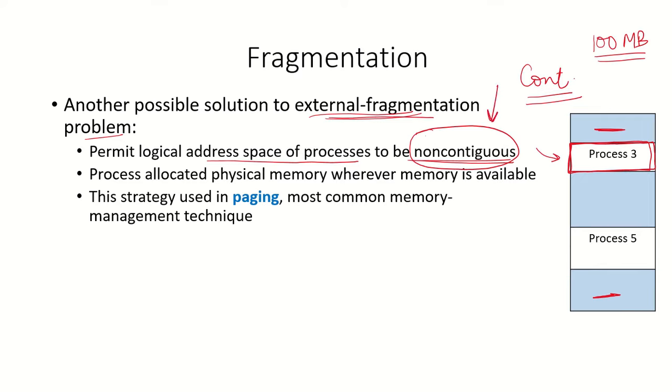So non-contiguous memory allocation can also be a solution to fragmentation. That means the process will be allocated physical memory wherever the memory is available. And this strategy is used in paging, which is the most common memory management technique, and this we will cover in the next video.